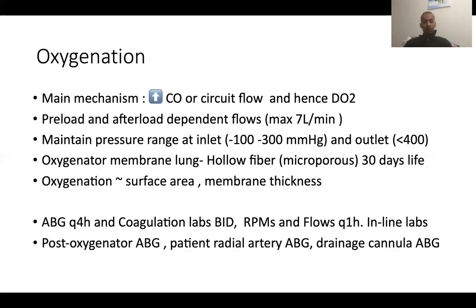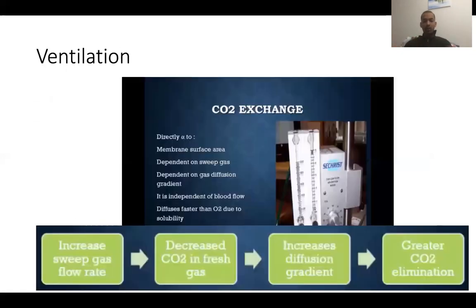And also the third one would be, what are you pulling out of the patient from the drainage cannula? For example, if you're pulling out from the patient blood that's super oxygenated, then it means that either the patient is getting slightly better compared to before, or you're just pulling out blood that you just gave to the patient that's oxygenated.